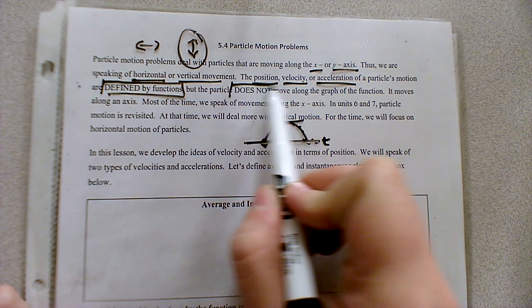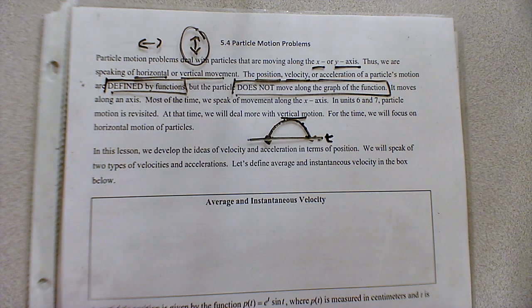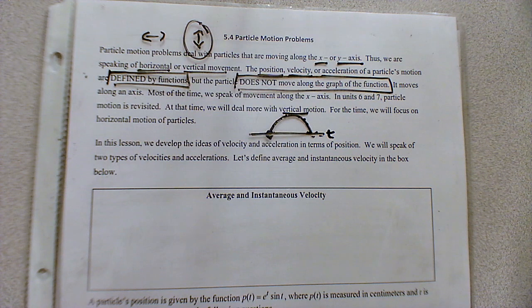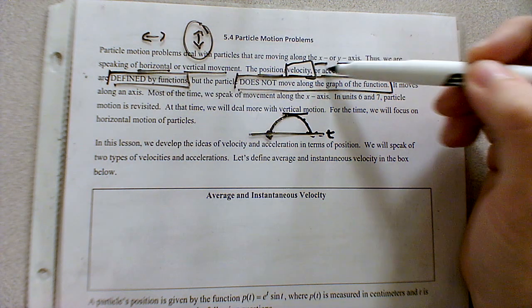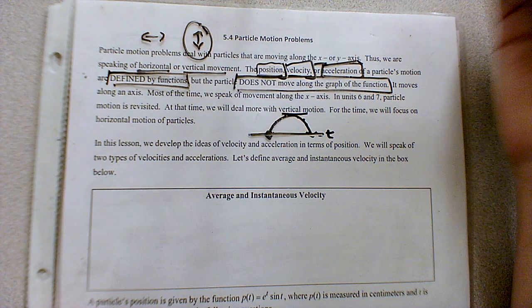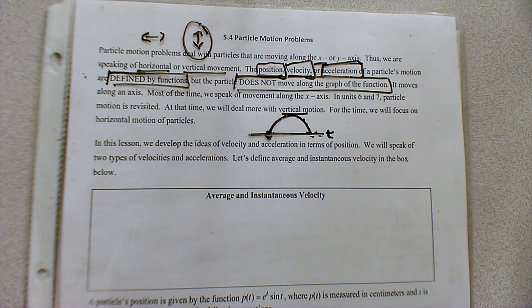The particle does not move along the graph of that function. Okay, we have to be kind of clear about those two things. So what we're going to do today in this video assignment is just formally define velocity and acceleration. I'm already assuming that we know position just means location, but these two new words might be a little bit different for us or new to us in terms of calculus or terminology.